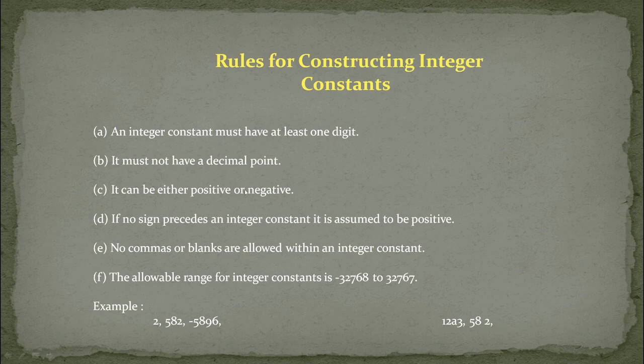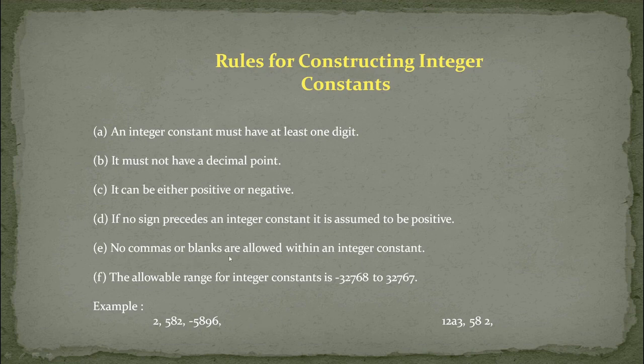It can be either positive or negative. If no sign precedes an integer constant, it is assumed to be positive. 2 has no sign, so it is positive. 582 is also positive, and this is negative.